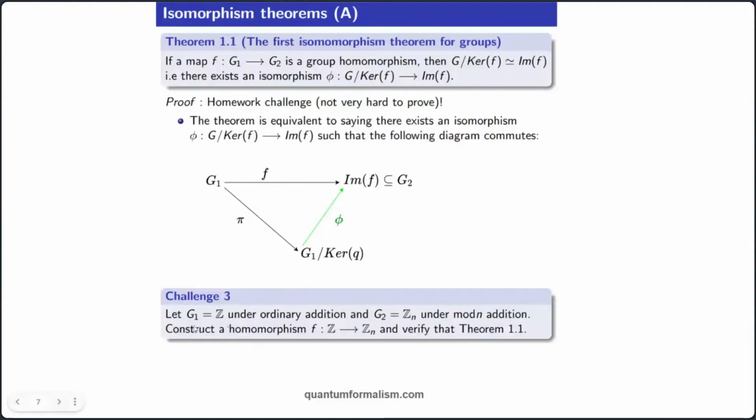So the challenge is for you to construct a homomorphism, and then verify that this is satisfied. Sorry, there is obviously a typo here. This is meant to be F, and in here this is meant to be G1. The same here, this is meant to be G1.